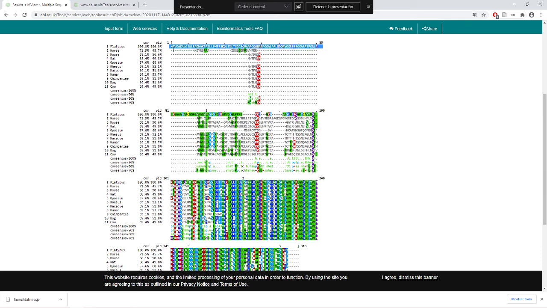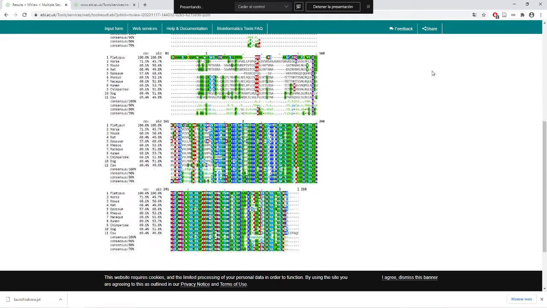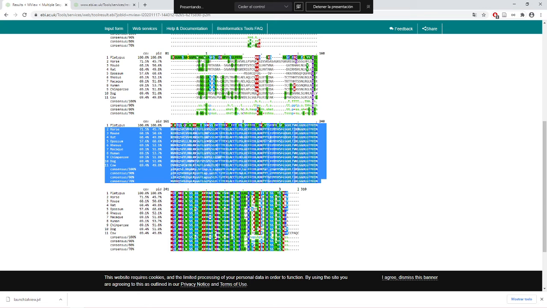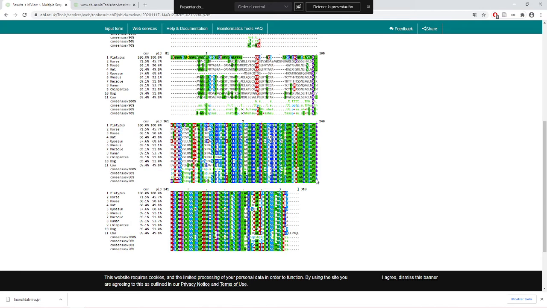The platypus will have some kind of features in the proteins that the other organisms do not have, maybe some loops, but the most conserved regions would be this one here, this one here, all of this.